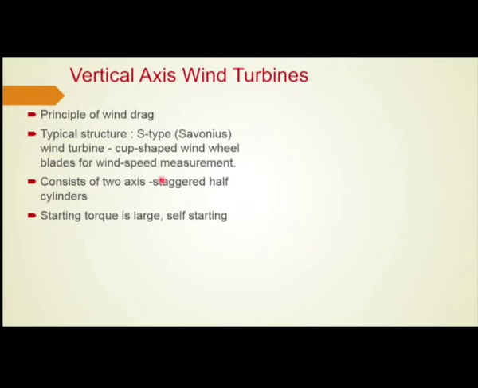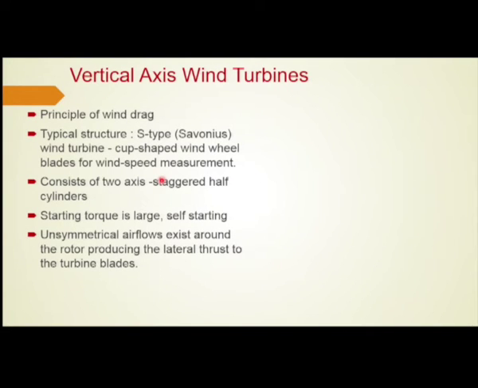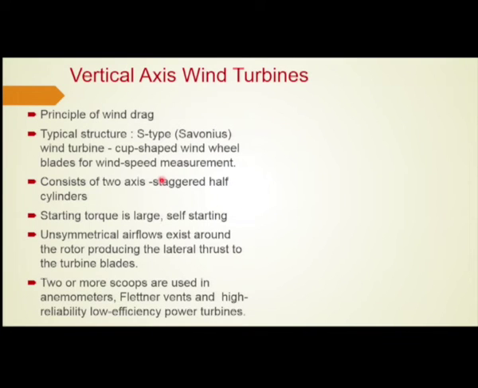The starting torque is large for Savonius wind turbines, so it is self starting. A starter is not required for this. The unsymmetrical airflows around the rotor produce lateral thrust on the turbine blades. Two or more scoops are used in anemometers. It is used in flattened vents, high reliability and low efficiency power turbine applications. This is one type of vertical axis wind turbine, the S type, called the Savonius wind turbine.